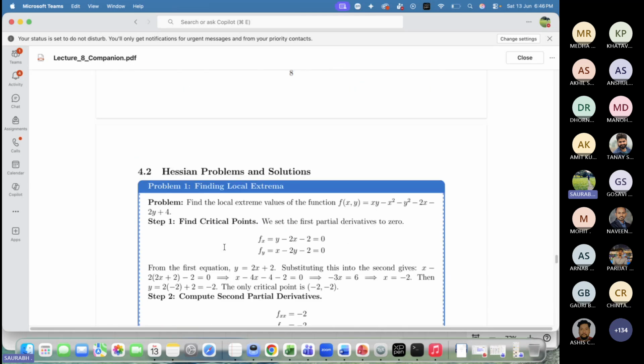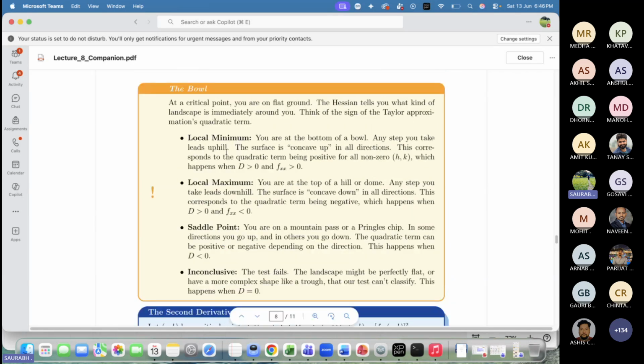If you see at the top, these are the criteria. Local minima: determinant is positive, fxx is positive, minimum. Remember what I told you about the first dimension, the 1D intuition. If the rate of change of slope is negative, it means that you are already at the maximum point.